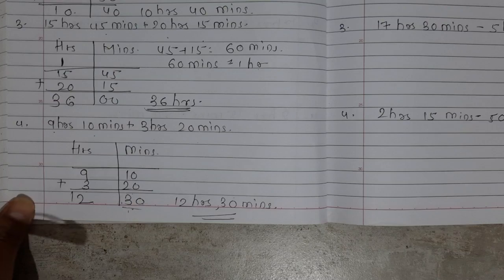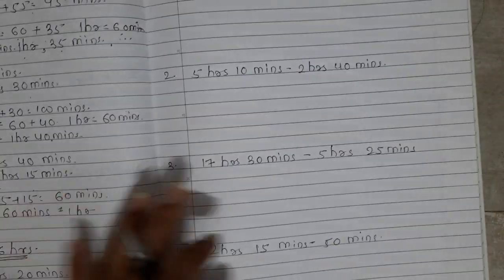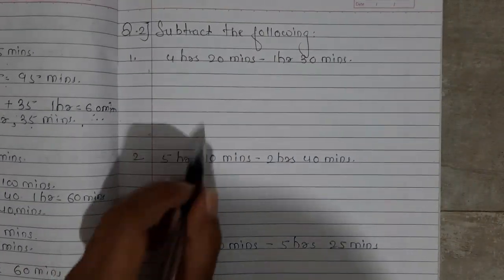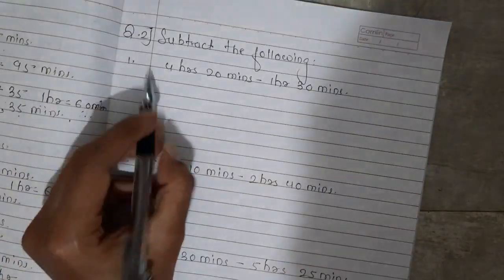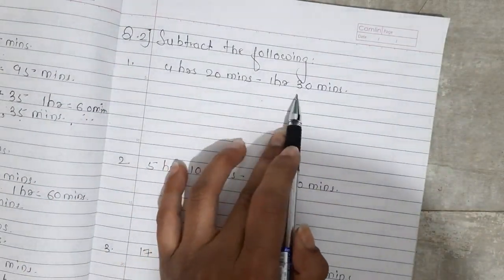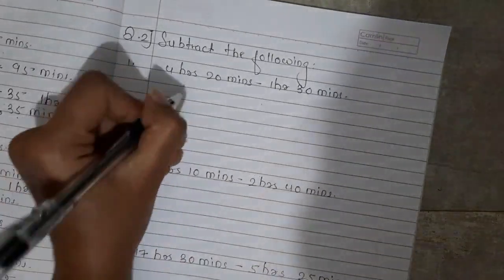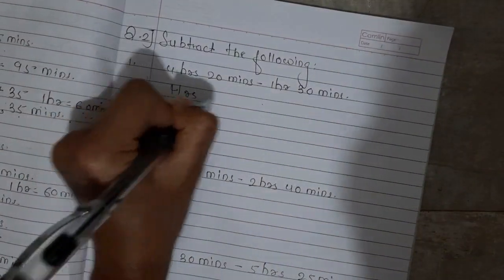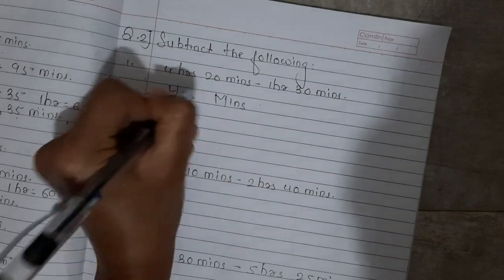Got it? Now let's move to subtraction sums. First is 4 hours 20 minutes minus 1 hour 30 minutes.